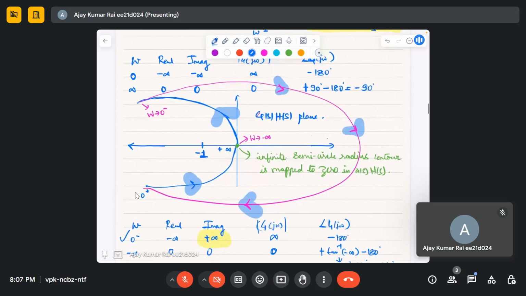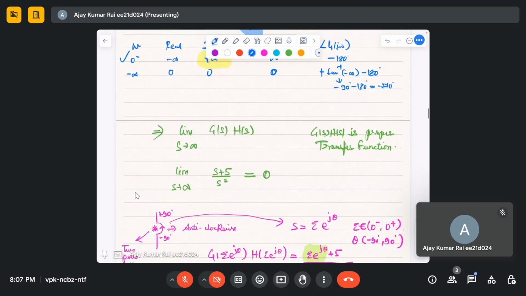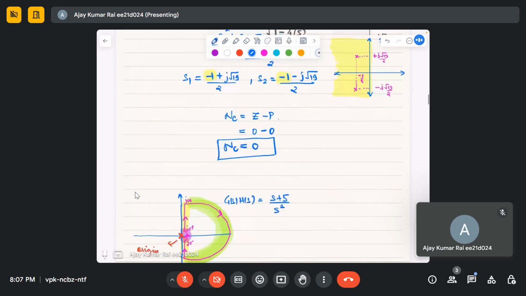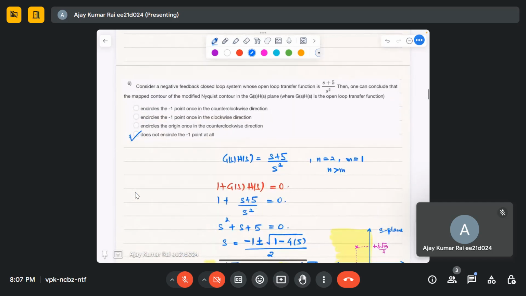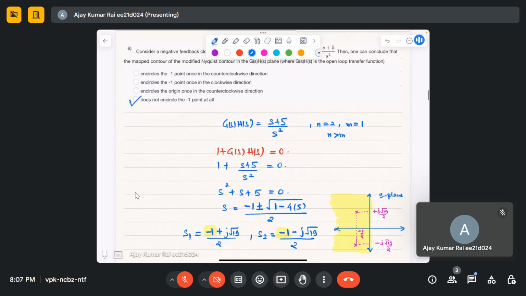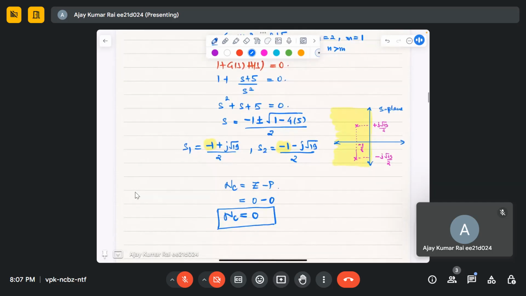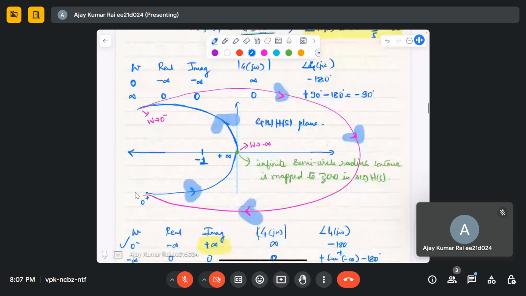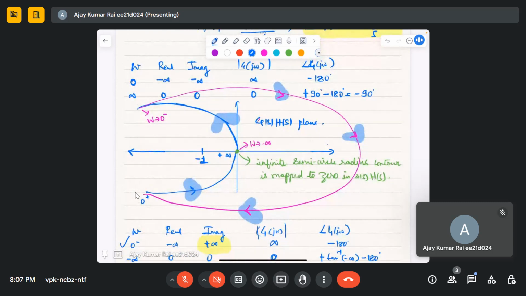So the minus 1 point is not encircled in this case, and Z is equal to 0 because P was equal to 0, from the Nyquist plot of G(s)H(s).